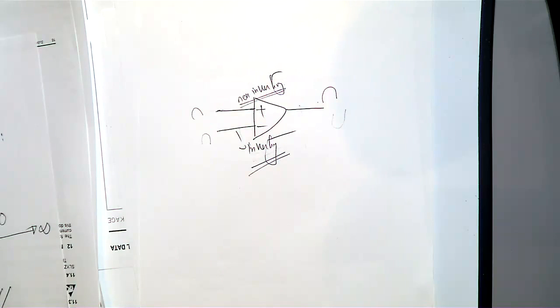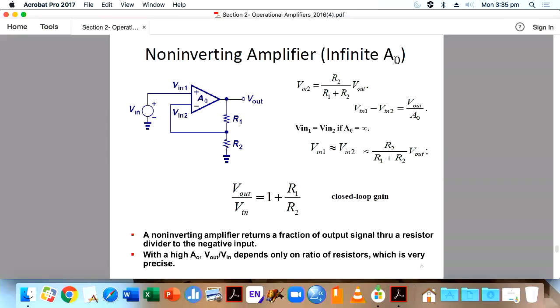First we are discussing the case of the non-inverting amplifier. Our assumption is that A0, the open loop gain, is very, very large, which is true. I have shown you some examples in the last lecture. Open loop gain is usually very big.